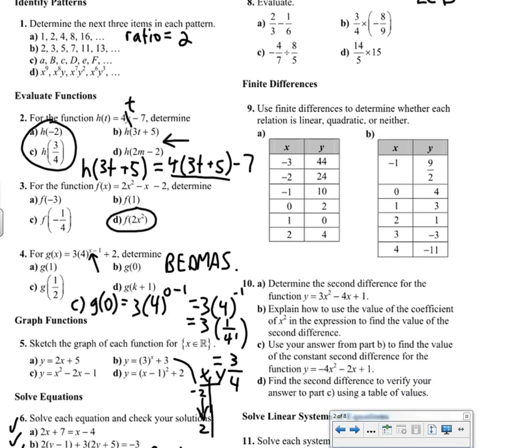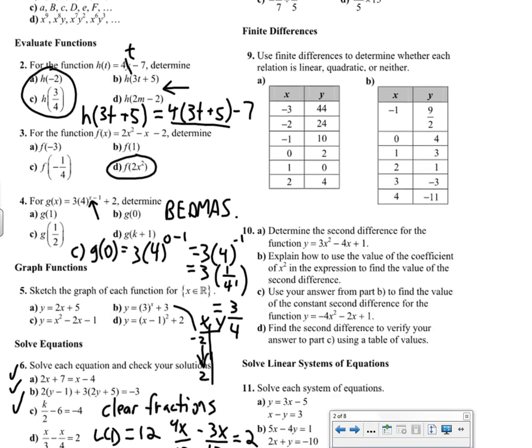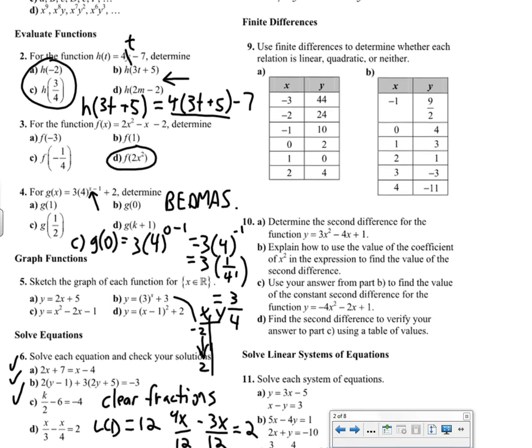For number 9, you may want to pause at this point and just try to remember what you've done in grade 9 and 10 to build your base of understanding. So for finite differences, there's a couple principles at play here. The finite differences are related to the degree of the relation.